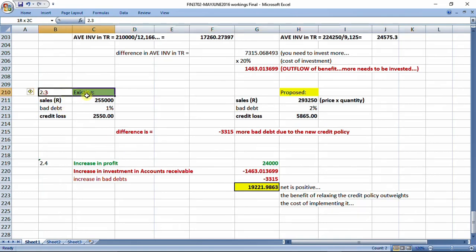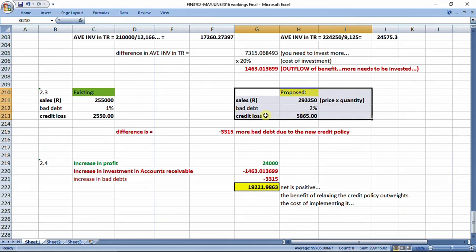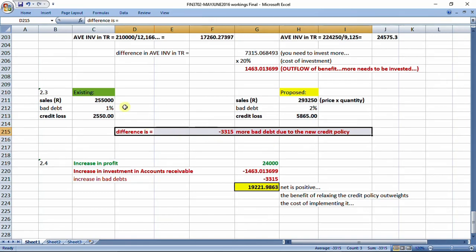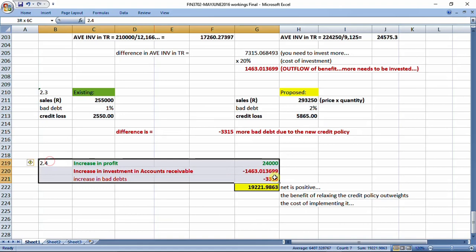So you take this, you minus that, you get the difference, you times it by 20%. This is the additional cost that's going to be incurred when relaxing the credit policy. Are you with me? Does it make sense? So this is positive, 24. This is negative, so minus the 1463.